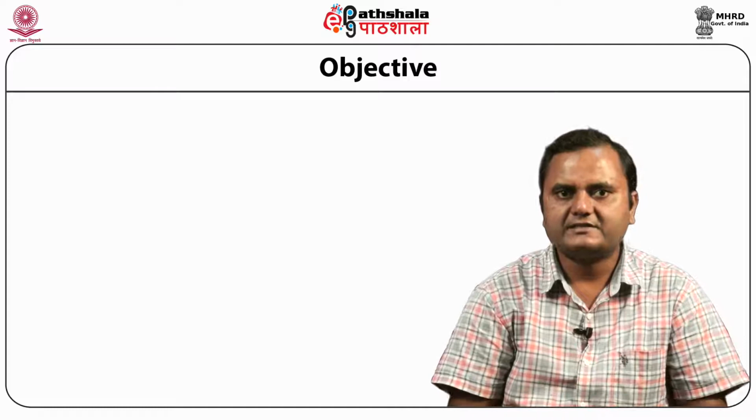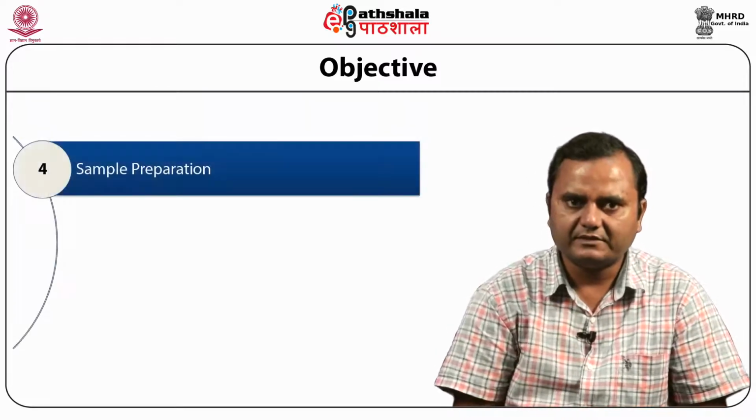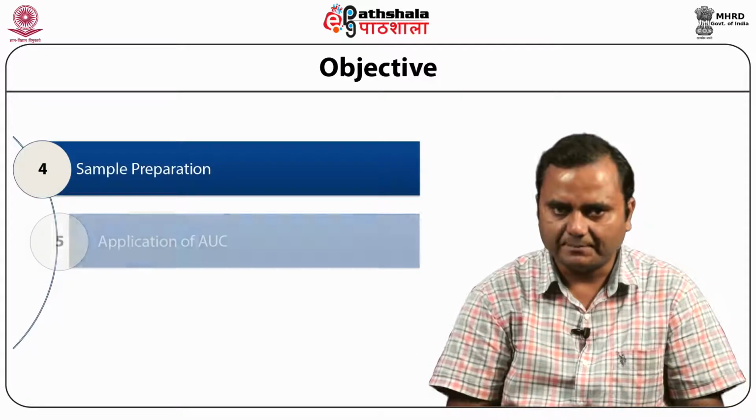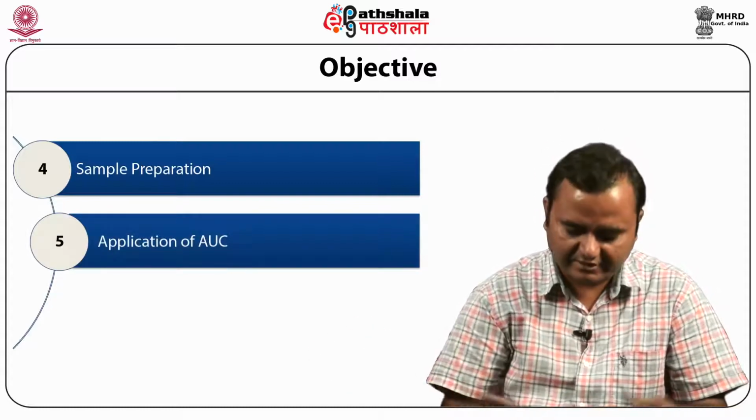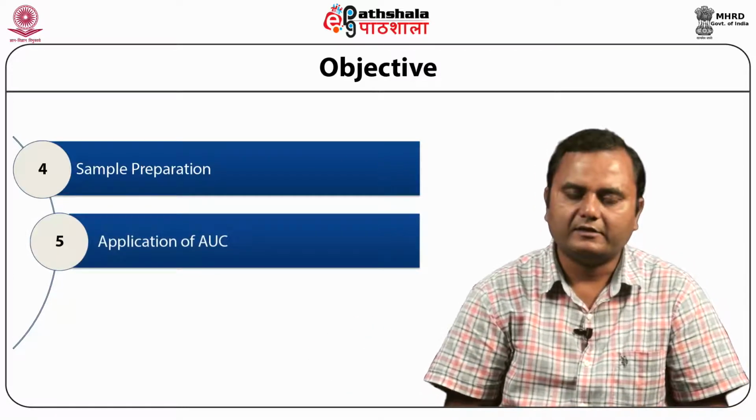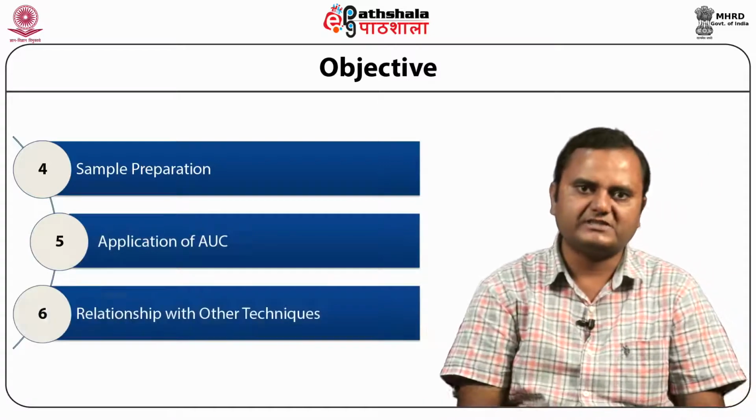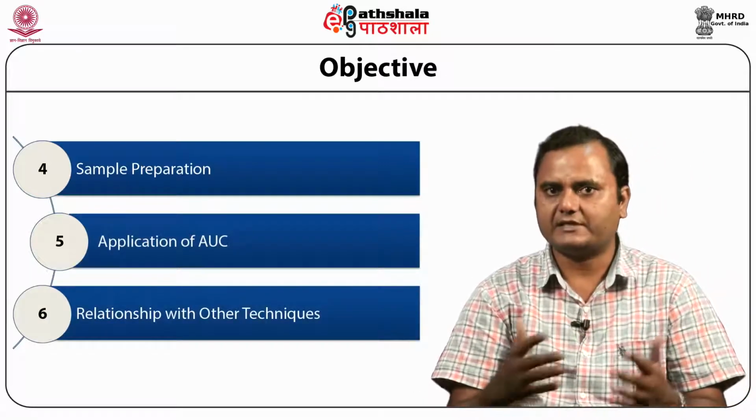Then another important thing is how the samples are prepared and its applications, that it's used for different biological purposes, and of course its relationship with many other techniques, so how it is related to the other techniques.